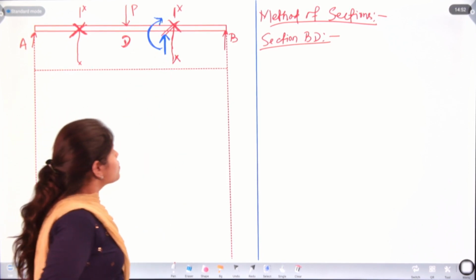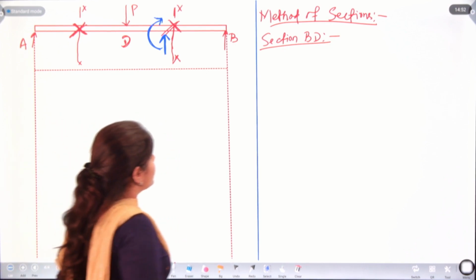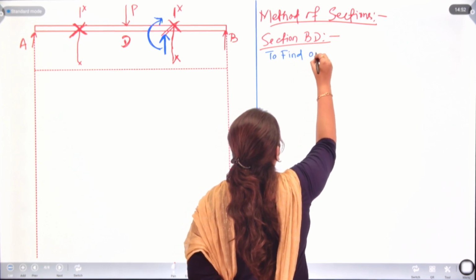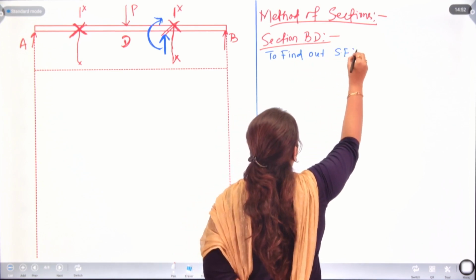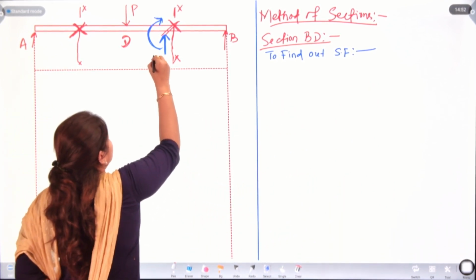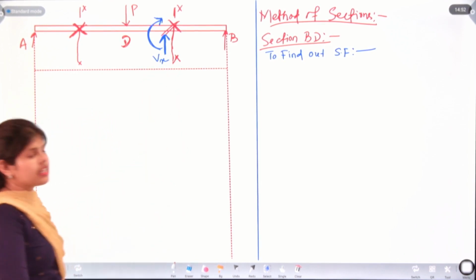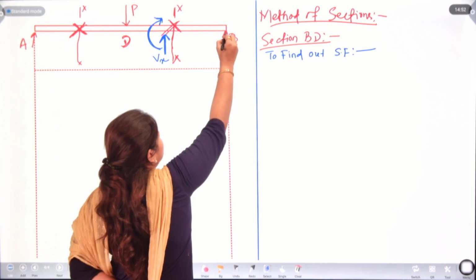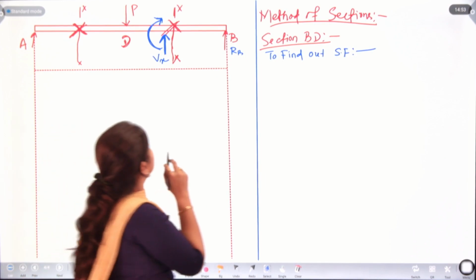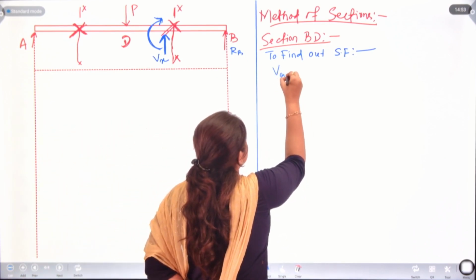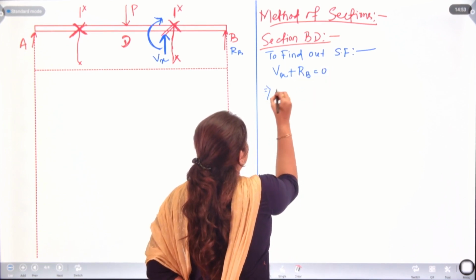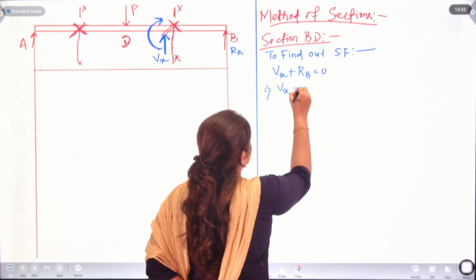So, in section BD, to find out shear force, this shear force, let's take it as Vx. Another force is here, you can see, that is Rb. So, shear force will be Vx plus Rb equal to 0.